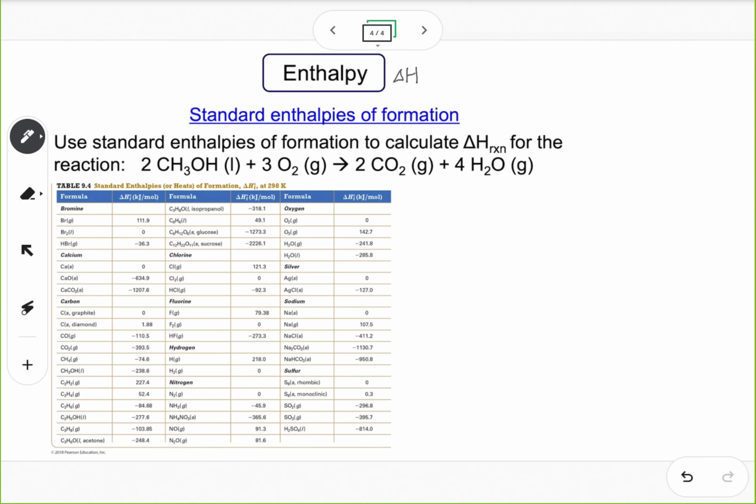Delta H reaction at standard conditions equals sigma N_P delta H F0 products minus sigma N_R delta H F0 reactants.